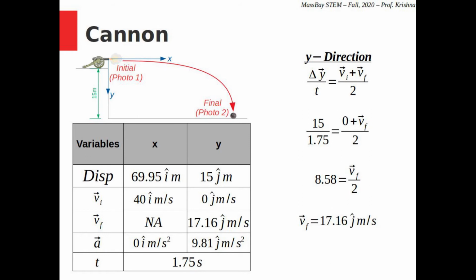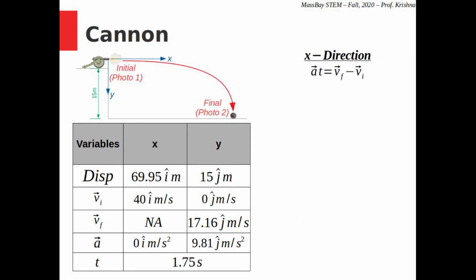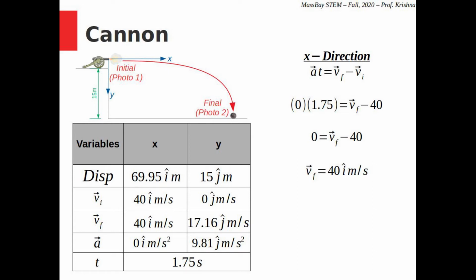It is 17.16 j hat meters per second. And in the x direction we can use equation 1 to find its final velocity. It is 40 i hat meters per second.